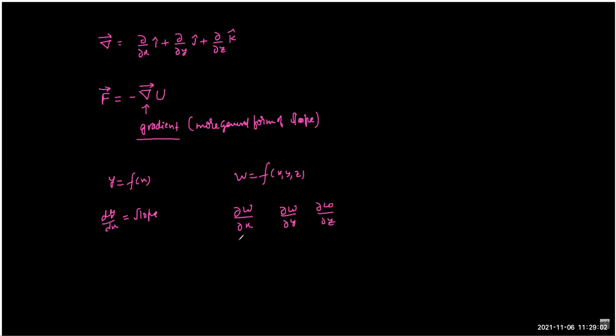So when you have a triplet of slopes, one for each direction, we can bring all three together in a single format called del, and we call it a gradient. So gradient is a collection of slopes in three perpendicular directions in three dimensions. This is how you can think of it. Gradient can be in any direction, to be very precise.